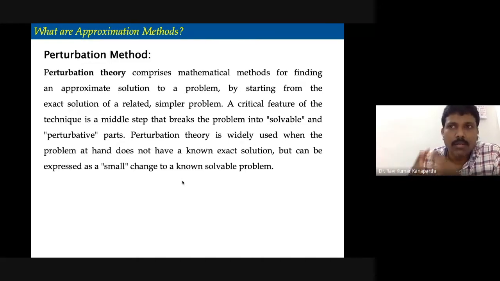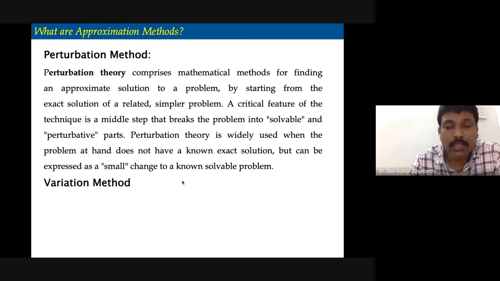So we will consider a simpler problem whose solutions are exactly known to us, and then we'll try to correct those eigenstates and eigenfunctions, so that we get the system whose solutions we would like to find out. That is the perturbation method.